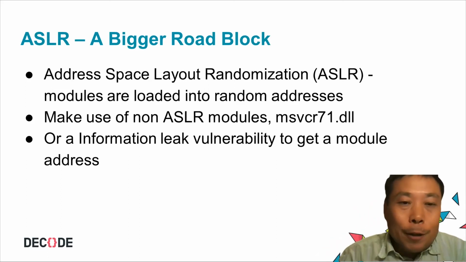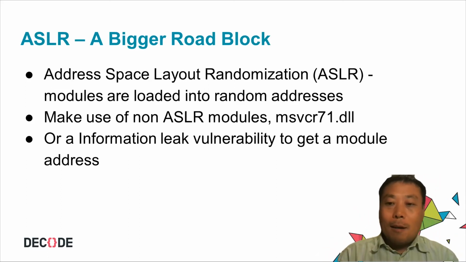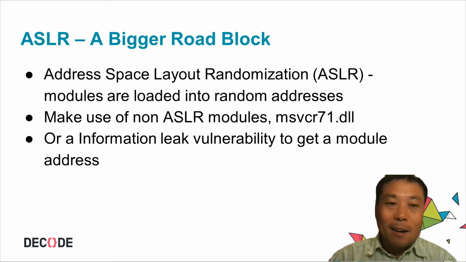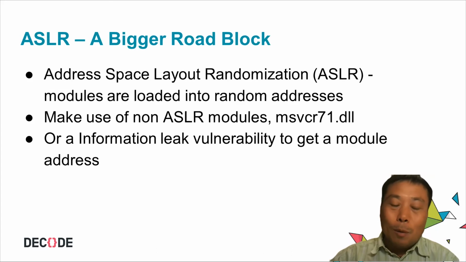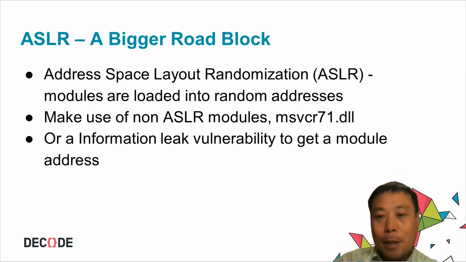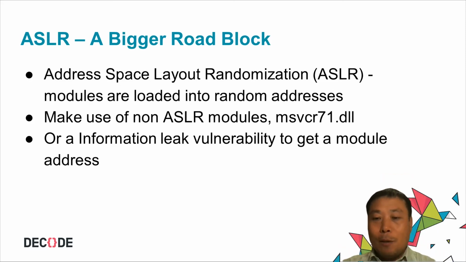Okay, so after DEP, there's still something we have to deal with. It's ASLR. With ASLR, the modules are loaded into random addresses every time. You know, in ROP, we need the address of each gadget, and the address needs to be fixed.